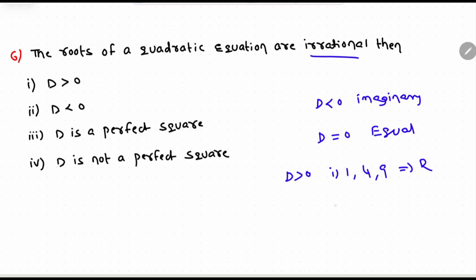Whenever the D value is not a perfect square, like 2, 3, 5, 6, all these are not perfect squares, therefore roots are irrational. So here, whenever the roots are irrational, D is not a perfect square, so it is the answer.